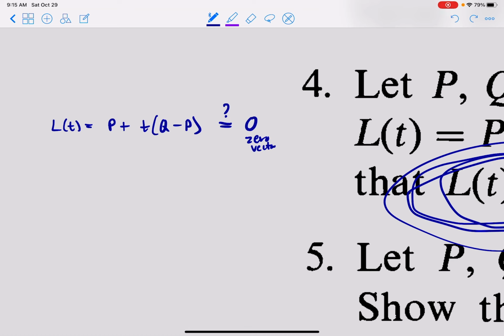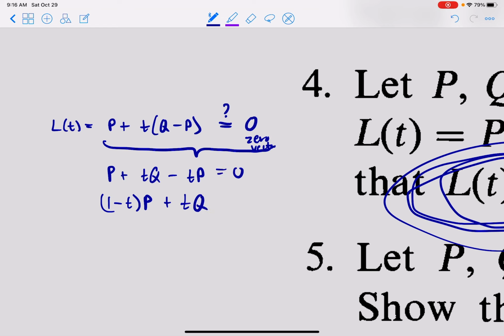Okay, well then we're supposed to show that t has to be a half and that p is equal to minus q. So let's manipulate this formula right here. Okay, so p plus tq minus tp. So that's 1 minus t times p plus t times q equals the 0 vector.